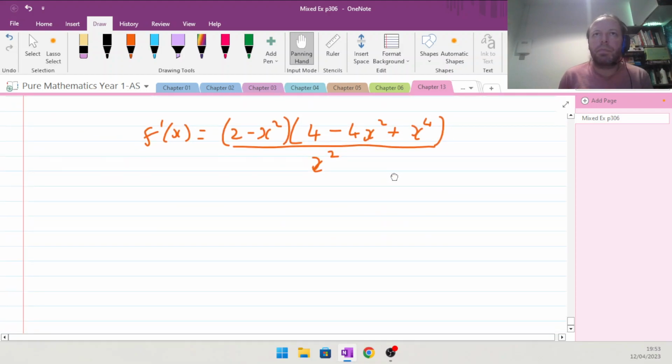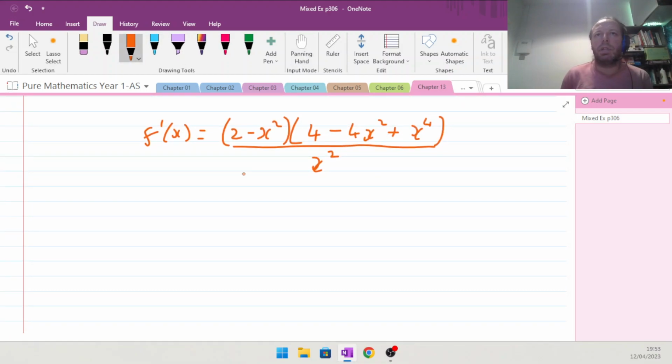Okay, and now that we've done that, we can start multiplying it out. Let's have double that, so 8 minus 8x squared plus 2x to the 4.